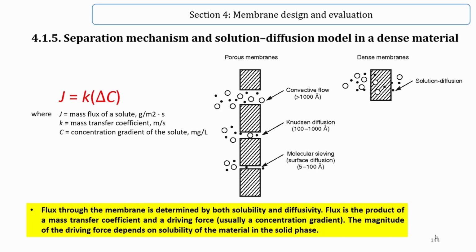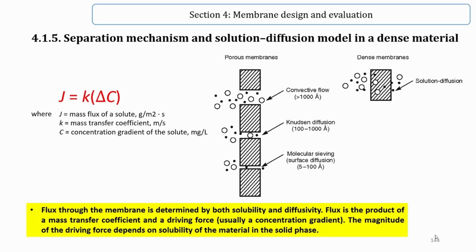Water and solutes dissolve into the solid membrane material and diffuse through the solid. Diffusion occurs by movement of the water and solute molecules in the direction of the pressure and concentration gradients, such as Gibbs energy.